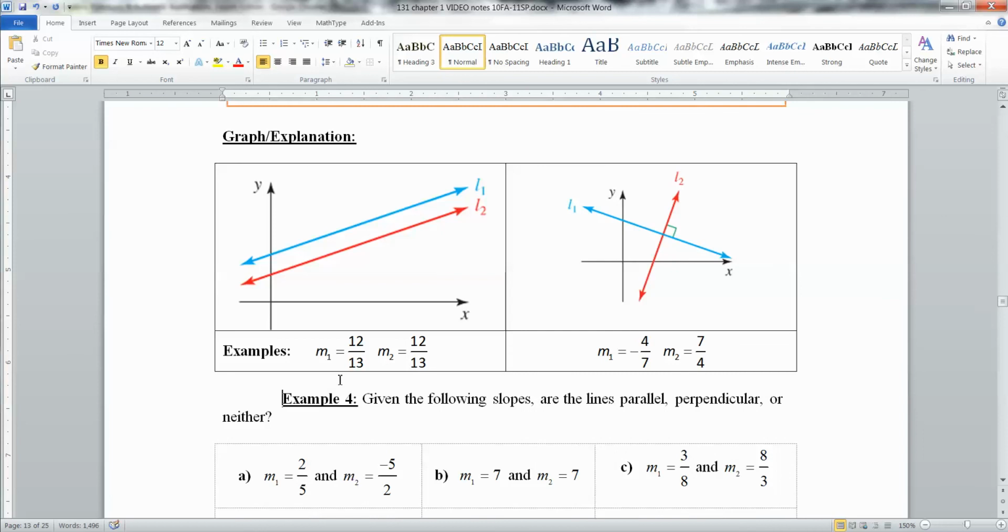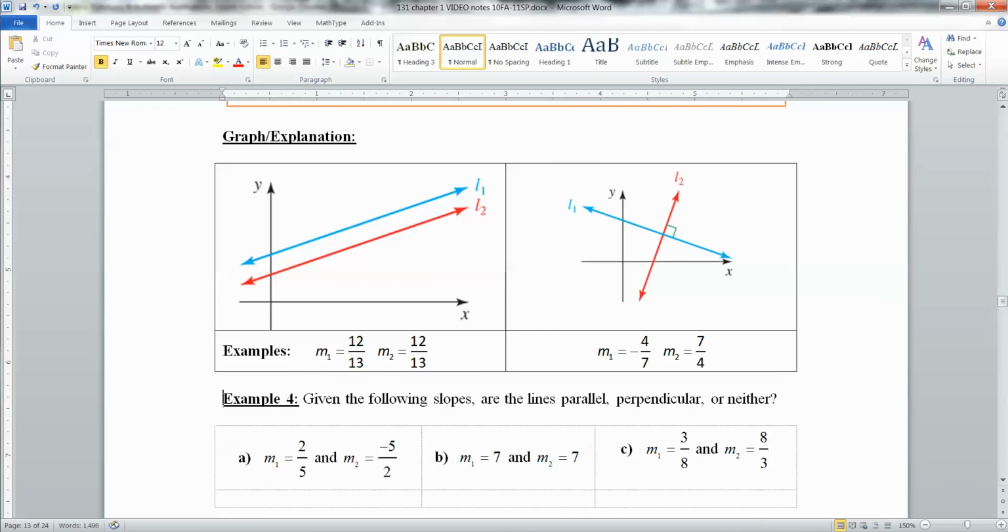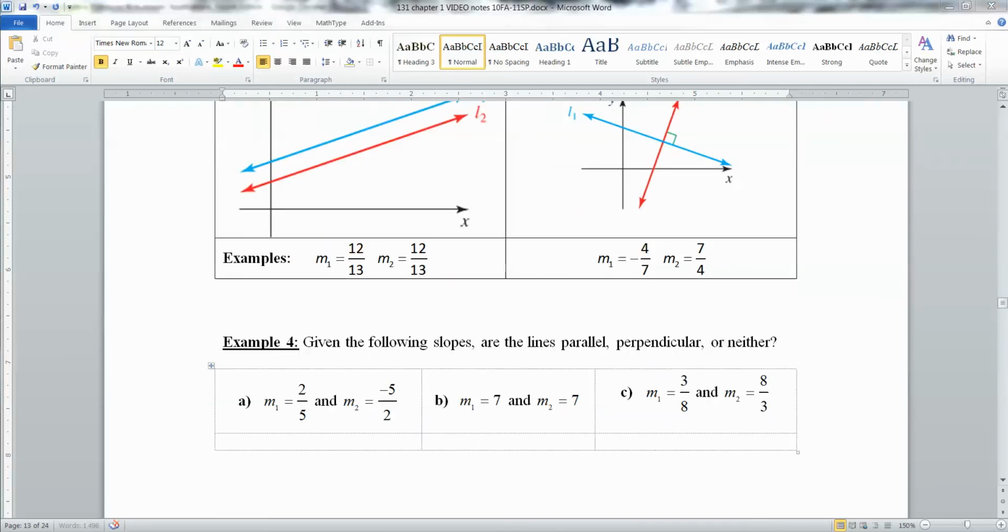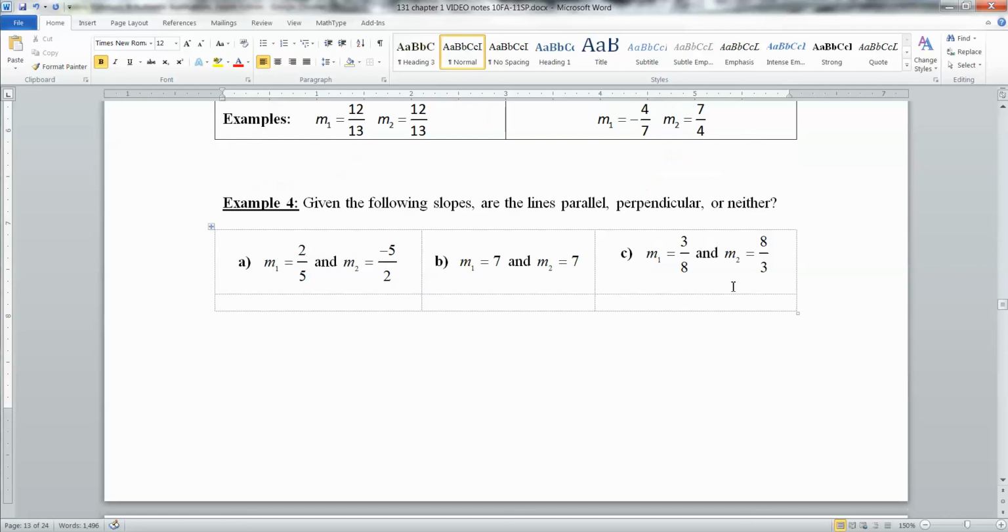All right, now given that is the case, let's look at this problem right down here. We're supposed to look at these and determine whether they were parallel, perpendicular, or neither. Well, hopefully everybody can spot the middle one. That's parallel, right? They are the same number. Both of them are 7. Okay, so then what about this one over here? 2/5 and -5/2.